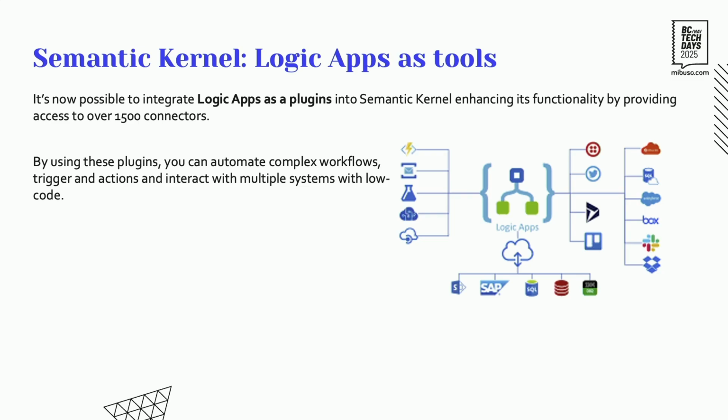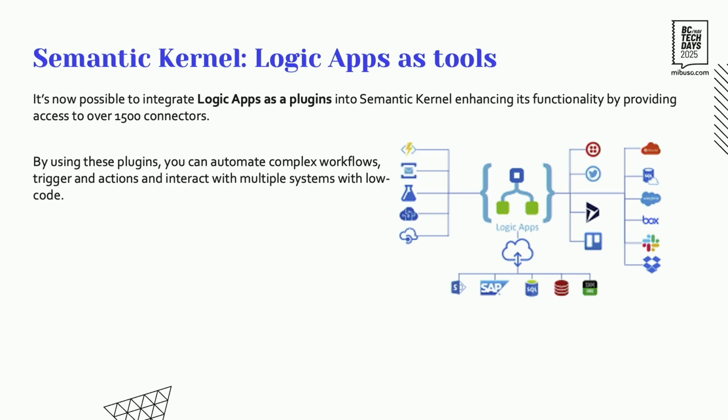Logic Apps has a feature that the definition of the workflows can be exposed as Swagger. Swagger is a JSON format. And Semantic Kernel is able to automatically discover your Logic Apps workflows and automatically invoke them if the user prompts a question and it discovers that with this workflow it can answer the question. And I have a demo for that.